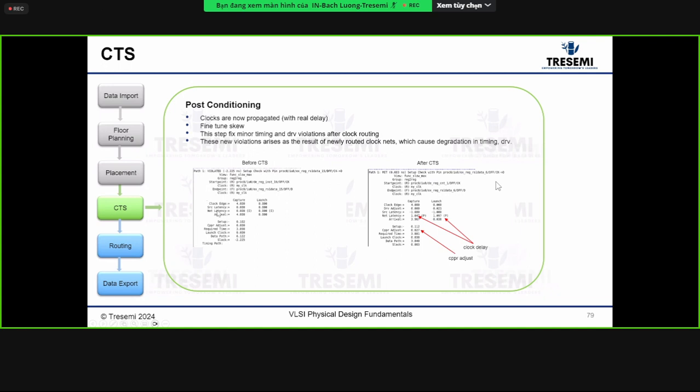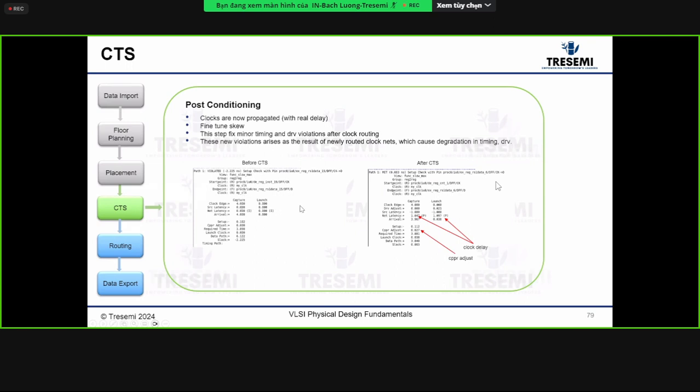I show here just the concept of before and after. So this is before CTS. We have no latency, no clock delay, right? And this is just the top header of your detailed timing path. If you look at, for example, the reg to reg timing report, you'll see this at each of the paths.